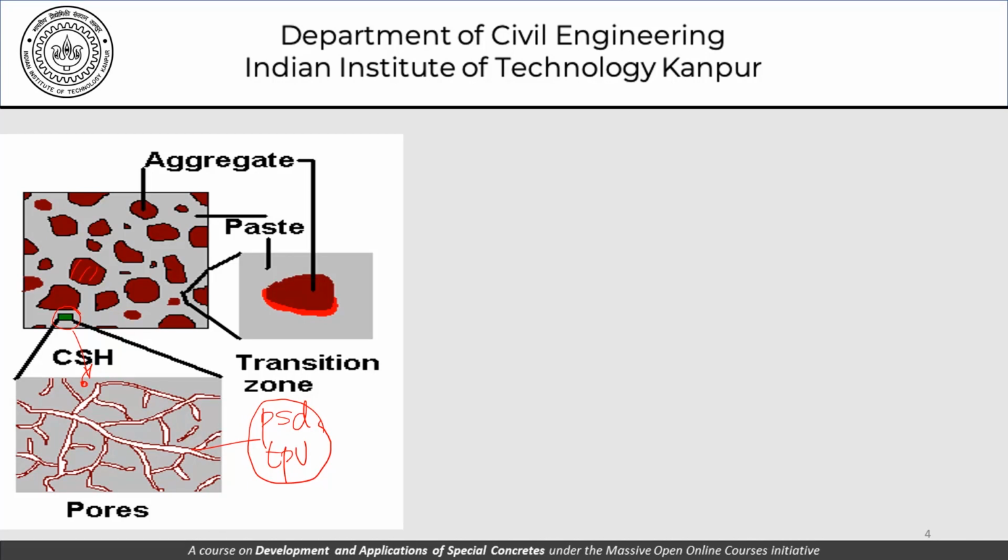We are also concerned with what is going on in the transition zone: what happens with normal strength concrete and what happens with high strength concrete. That is something we will examine as we go along in our lecture today.